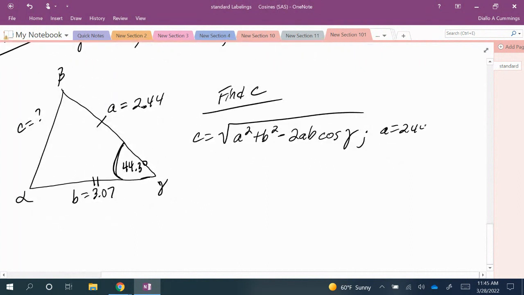A is equal to 2.44, B is equal to 3.07, and gamma is equal to 44.3 degrees.